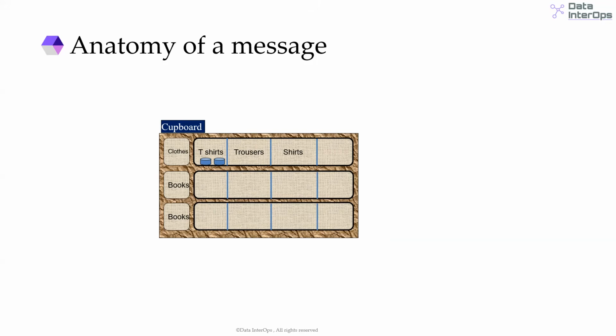HL7 also works on a very similar principle. Whenever you want to exchange or send data in an HL7 message, there are dedicated placeholders within the message. Okay, that is the basic aspect that I wanted to communicate here. There is a dedicated placeholder for each data element.